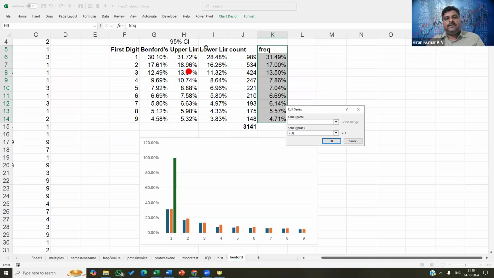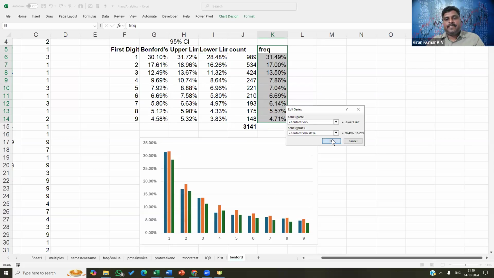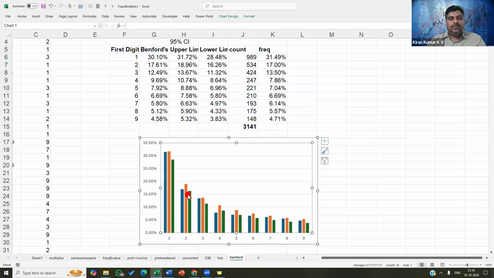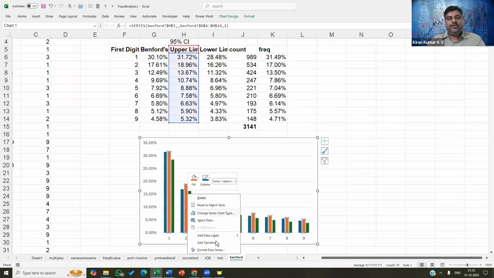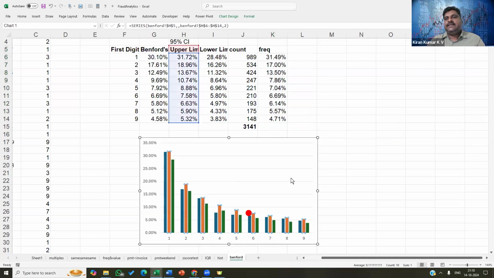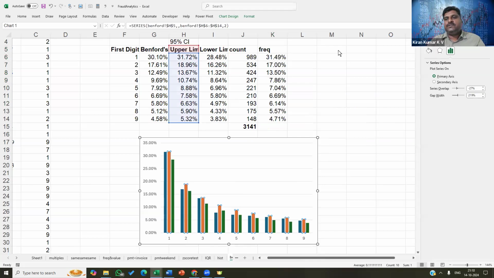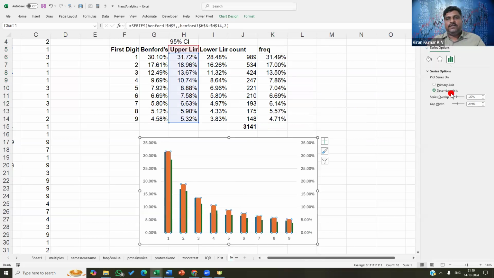Again add the lower limit, series values are this, click OK. One more thing that I want to do is format the data series.